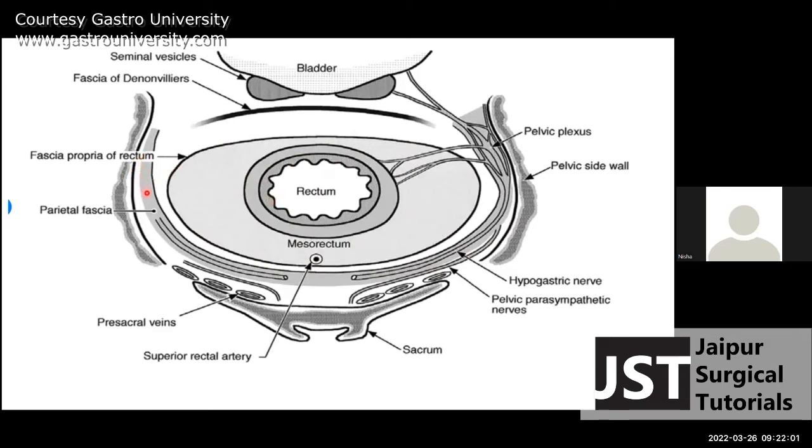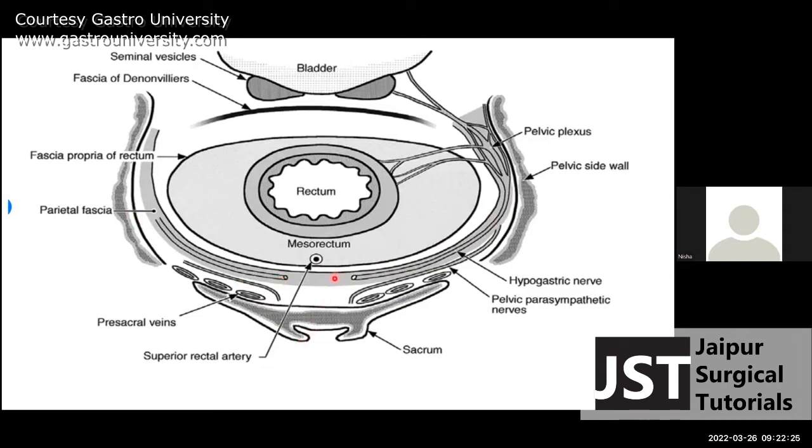And the parietal layer of the pelvic fascia is the fascia which lies outside. In front of the sacrum, we have the presacral plexus, which is covered by the presacral fascia. And in front of the presacral plexus lies the pelvic autonomic nervous system, and the layer which covers this is called Kinugawa's fascia.